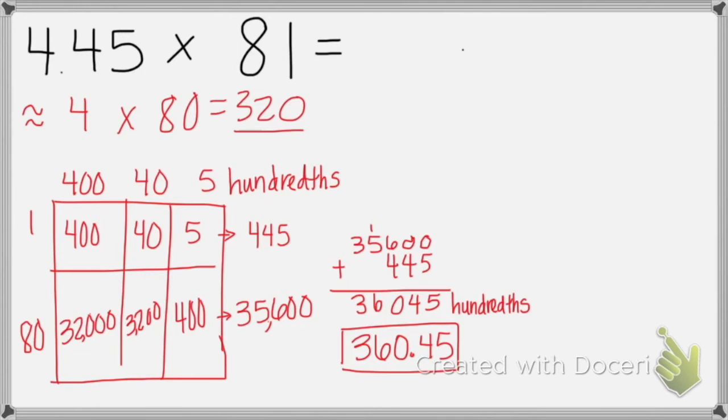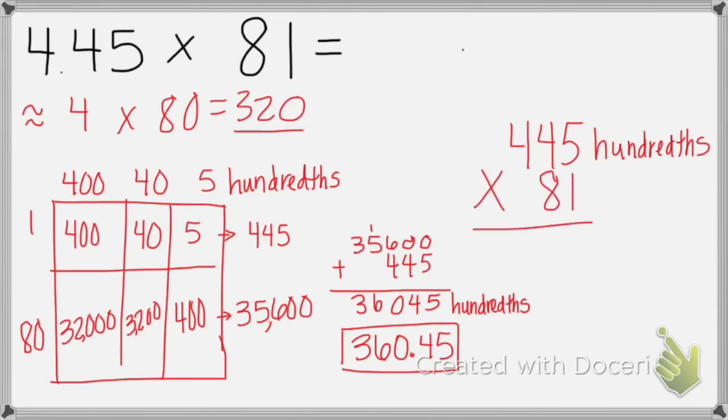Okay, and the standard algorithm will look like this. My first partial product is when I take 445 times 1. Now I'm moving on to my next, which is 445 times 8. But I can put my 0 here and then multiply 8 times 5, which is 40. 8 times 4 is 32, plus 4 is 36. 8 times 4 is 32, plus 3 is 35.